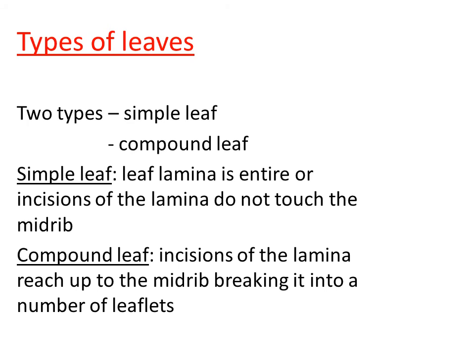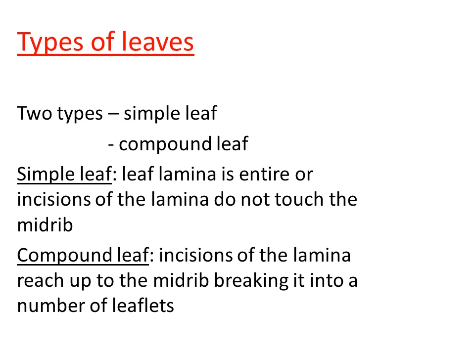This is very important. We call the leaf a compound leaf only when the incisions of the lamina reach up to the midrib. When the incisions reach up to the midrib, that divides the entire lamina into a number of leaflets. Such a leaf is called a compound leaf.